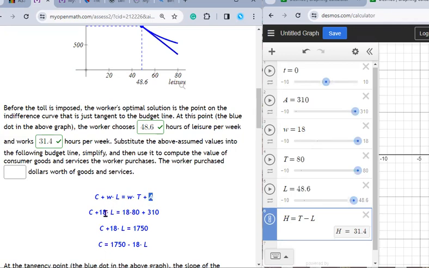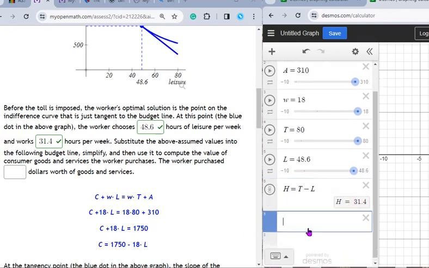We plug in 18 for the wage, plug again 18 for the wage. We replace T with the time constraint, 80 hours a week, and then replace A with 310. When we put these two together, we get 1750. So down here, I'm going to write consumption equal to, and also we got to subtract off T here, but T is 0, so that's why it's not on here.